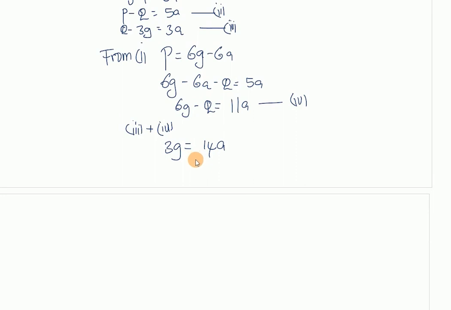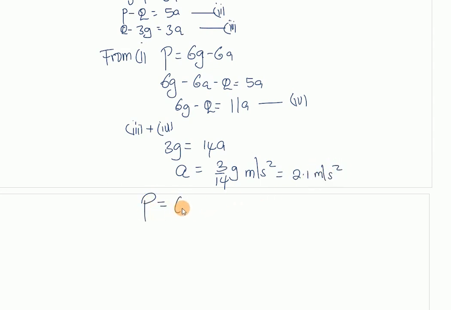So A itself is equal to 3 over 14 G in meters per second squared. And if I work out the value of G as 9.8, I get 2.1 meters per second squared.